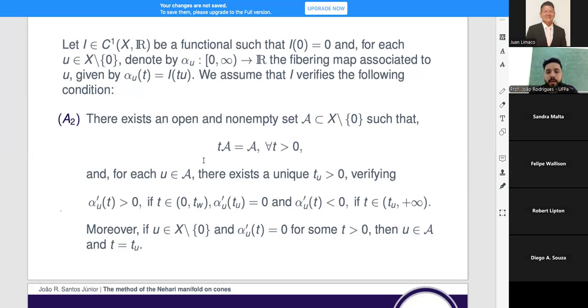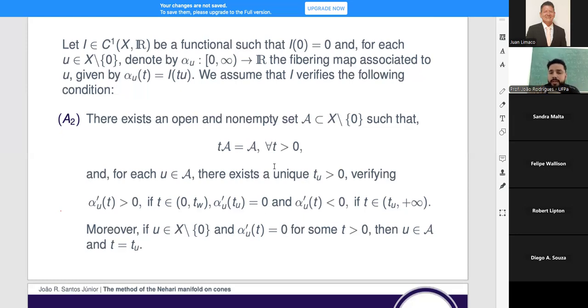For us, all you need is the existence of an open cone. And for us, a cone is a set verifying this equality here. So we need the existence of a set verifying this equality for all positive t, and for all functions u belonging to this set.